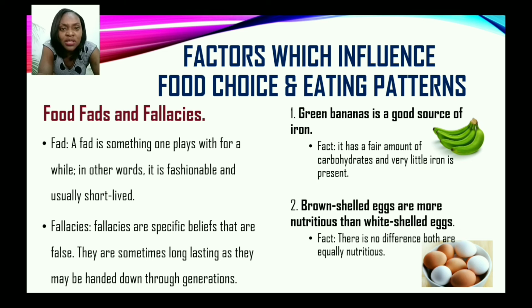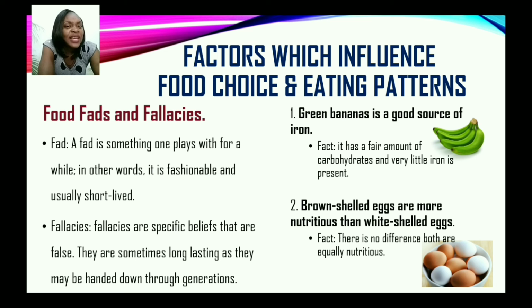For example, Guzzler or Luscious or whatever the case may be, right? So you may find out that more persons are gravitating to a particular type of food or drink. It is usually short-lived, which simply means that they will not purchase it for a long period, but only for a short period. You realize that particular food is trending, that particular snack is trending.